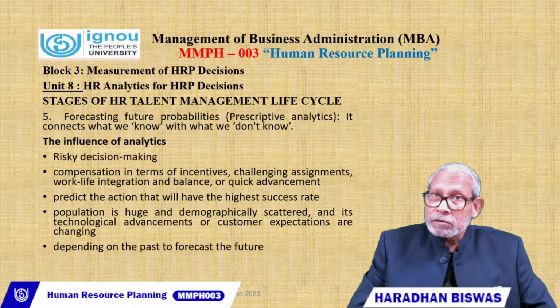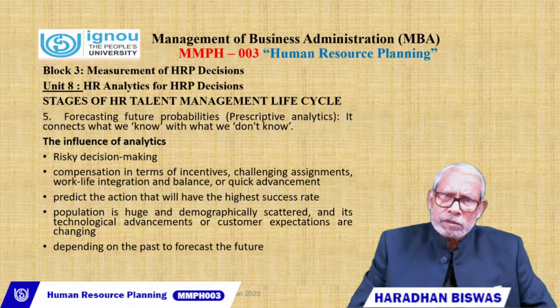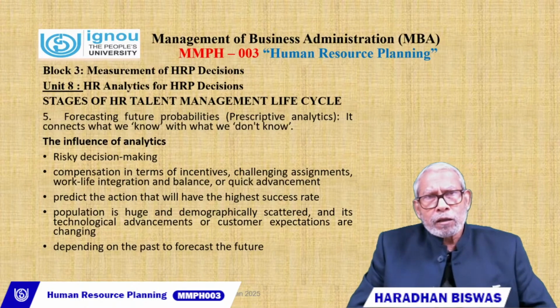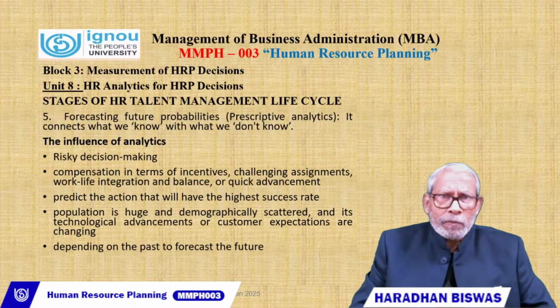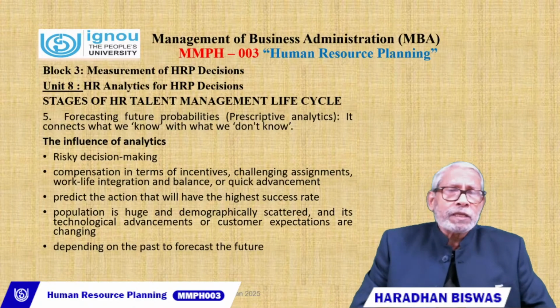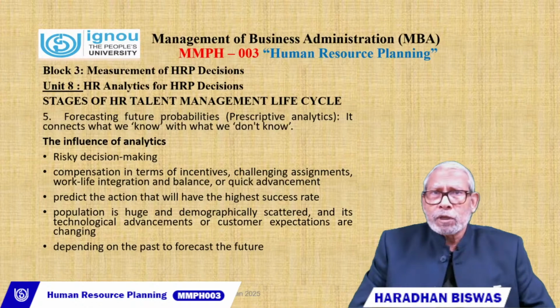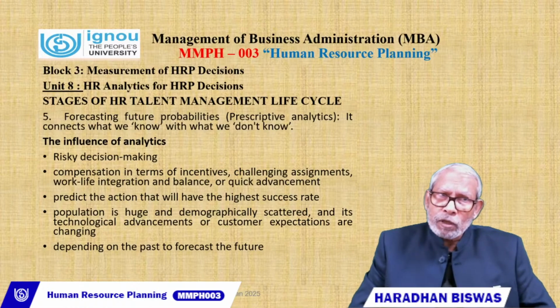Challenging assignments. Suppose the assignment is given in such a way that it is not up to his capacity. He doesn't know that knowledge, or otherwise the company has not provided that type of training. That's why the challenging assignment is one of them. These are all influences on the analysis.